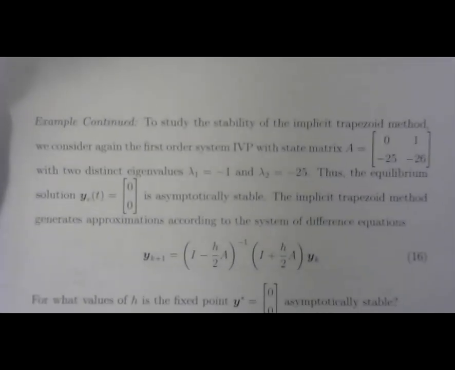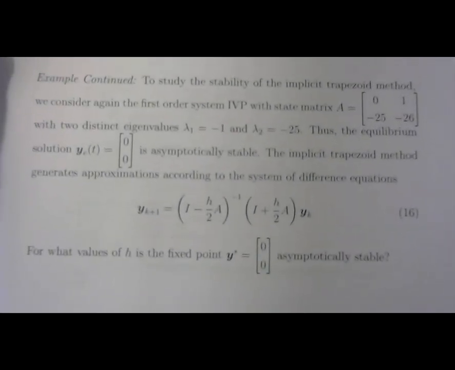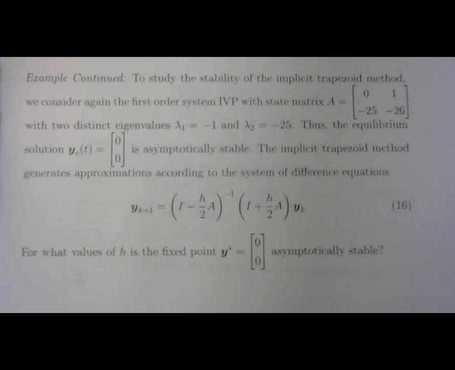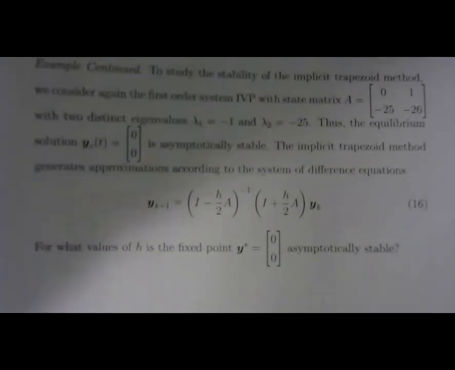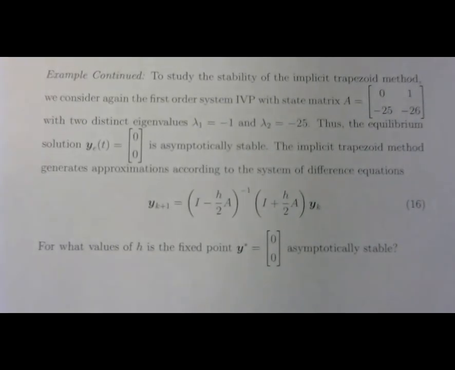So great, that makes us think maybe implicit trapezoid is a different order than backward Euler. But before we take a look into that, let's first confirm that this also is a method that works for any value of h, right?